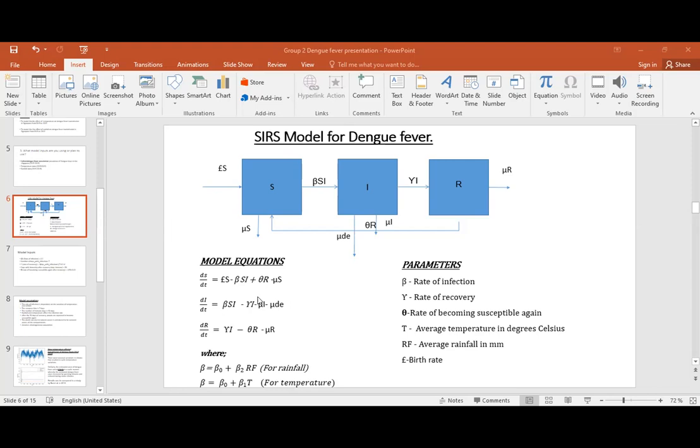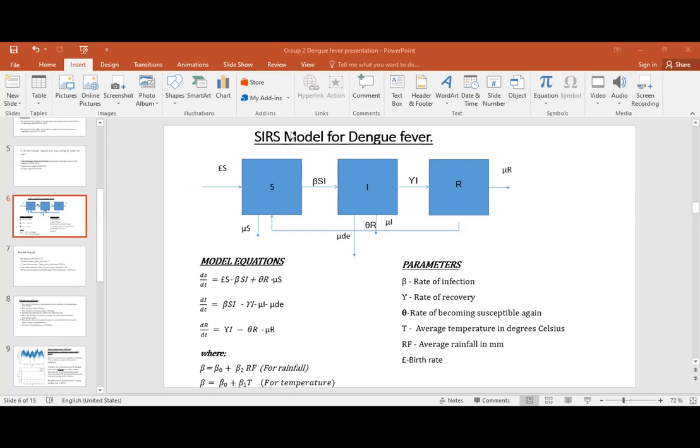So on this model, what are we trying to say? The question we are answering is what is the impact of climate change on the distribution or the spread of dengue fever in Singapore from this period to this period?